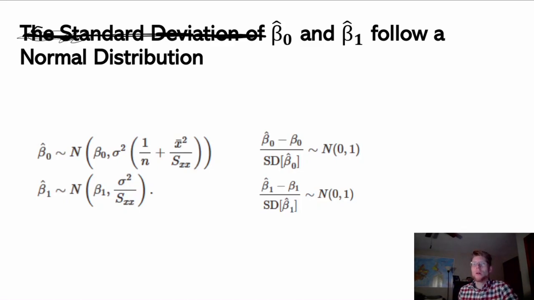That means that we could also convert beta hat naught and beta hat 1s to a standard normal distribution as well. So if we subtract out the parameters they're estimating, divide by the standard deviation of each of these random variables, then that should approximately follow a normal 0, 1 distribution, a standard normal distribution.